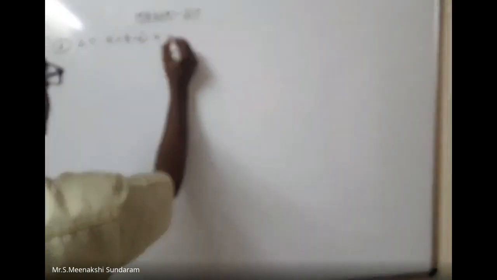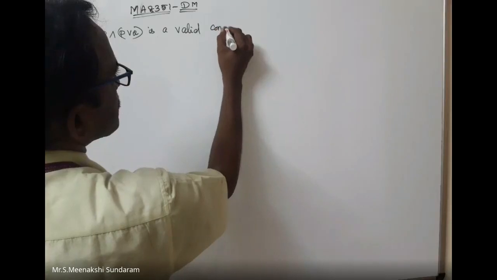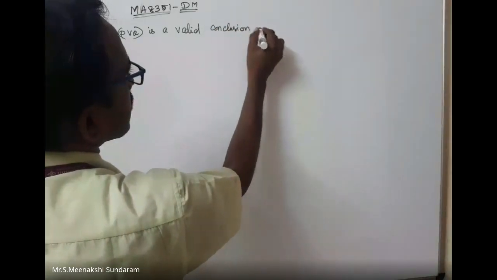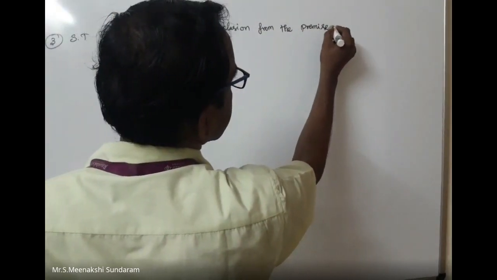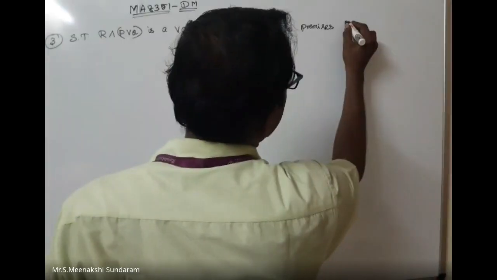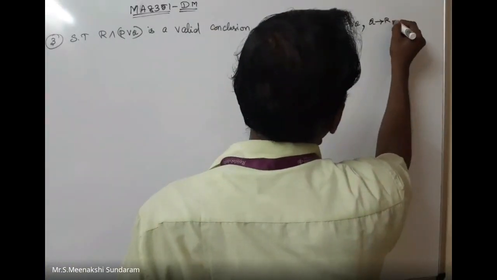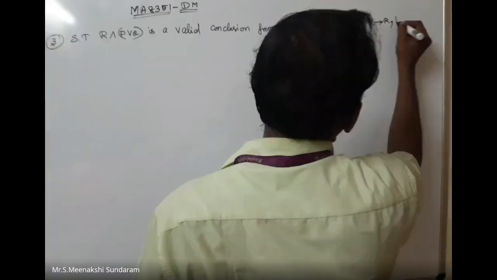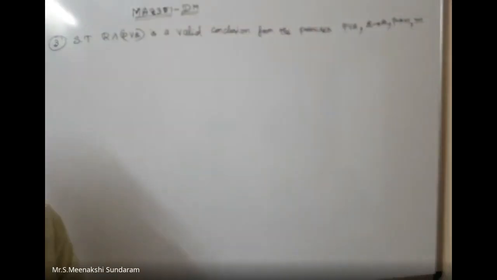Until then you can use only rule P and rule T. The premises are: P disjunction Q, Q tends to R, P tends to M, and negation M.